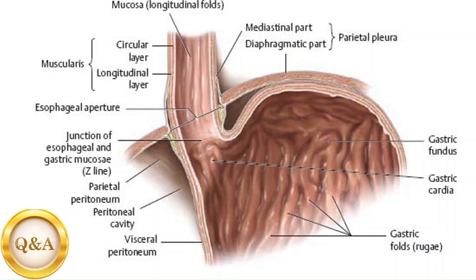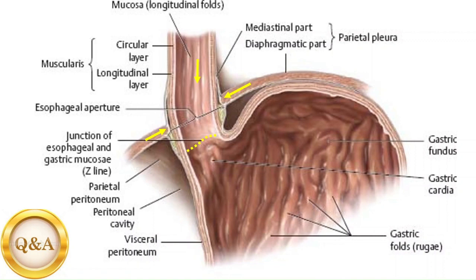What is this image telling me? It is telling me that the esophagus, as it comes lower down, pierces the diaphragm and has a very short esophageal part into the abdominal cavity.